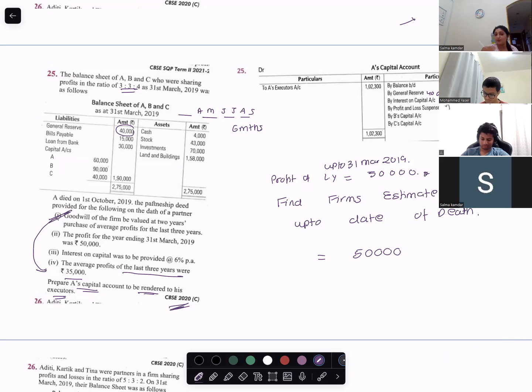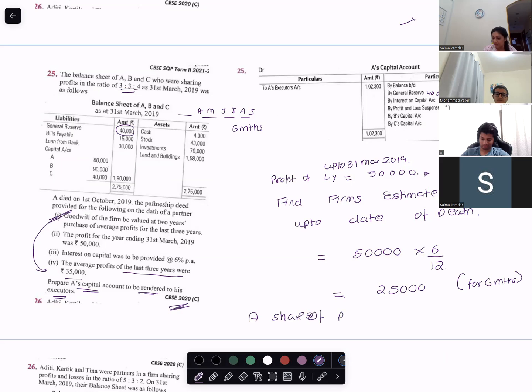So the estimated profit up to the date of death would be 50,000 into 6 divided by 12, which is 25,000, and this 25,000 is for 6 months. This is estimated because I have no other information.